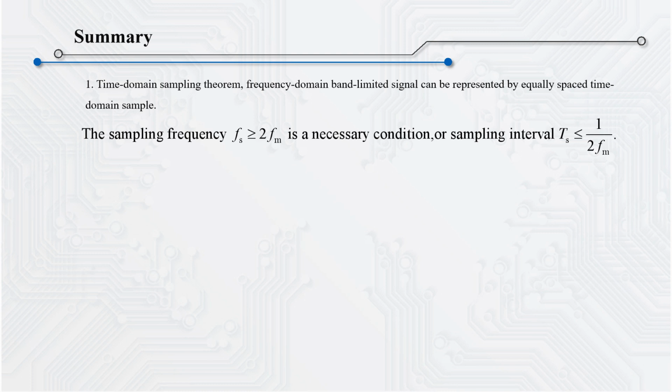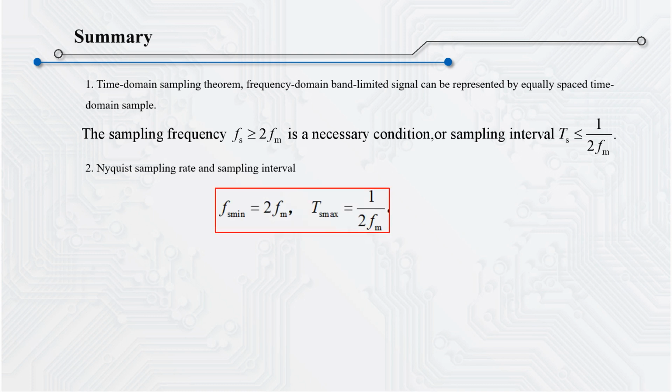Its sampling frequency is greater than or equal to 2fm. This is a necessary condition for time domain sampling.